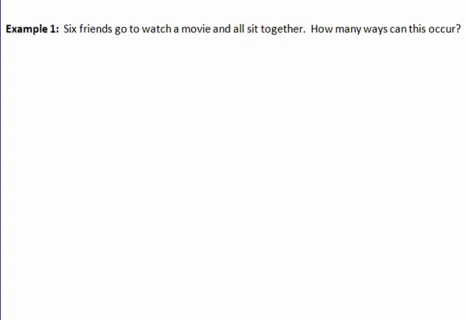6 friends go watch a movie together. How many ways can they all sit together? Well, if we did this with the fundamental counting principle, again, we have 6 different seats for 6 different people. The first seat, there are 6 people that could take that first seat. That means 5 for the second, 4 for the third, 3, 2, 1.